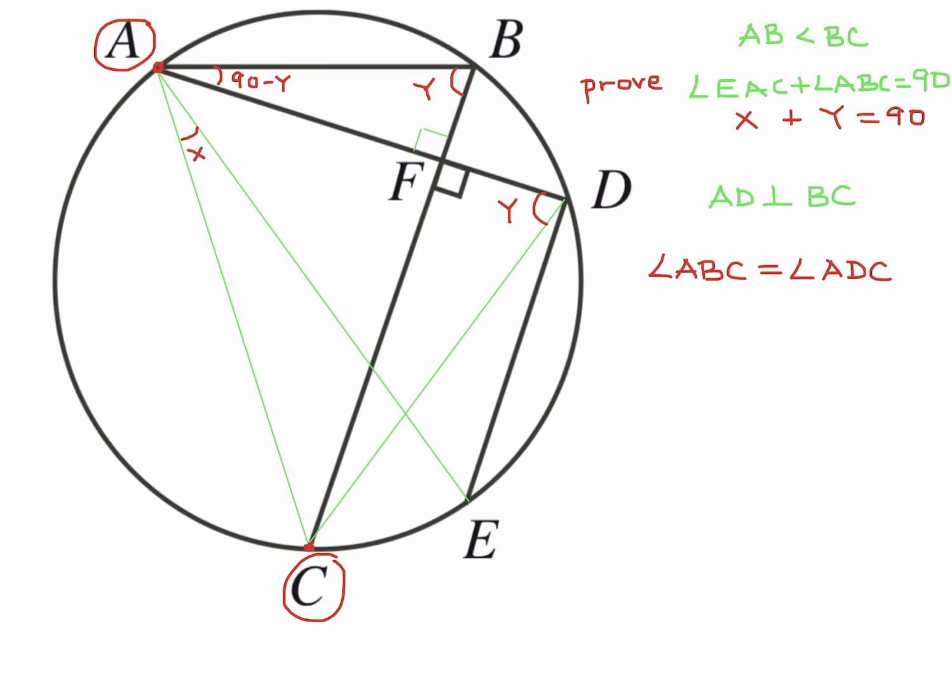And if you notice, if you take lines coming out from A and C, the first place you get in this diagram is B, so that angle is Y. And the second place that they show you is D, like that. And there's a rule that if you have angles that are created from the same 2 points on a circle, those angles will be the same.